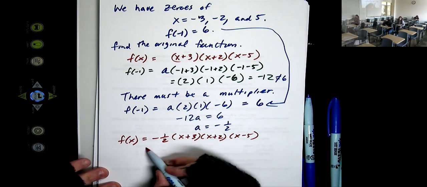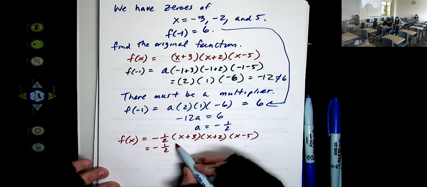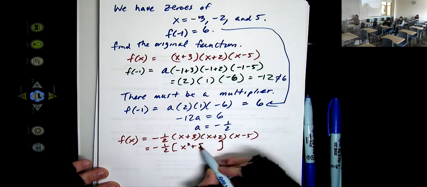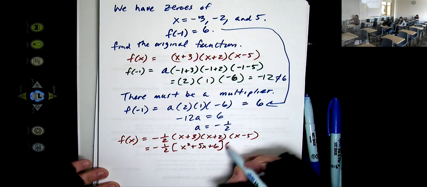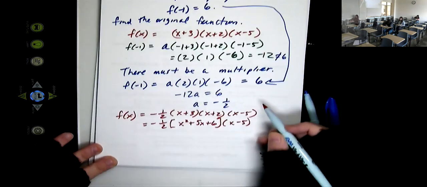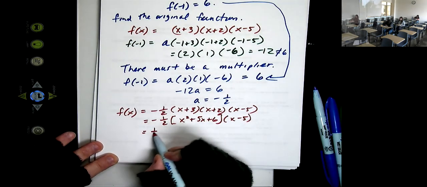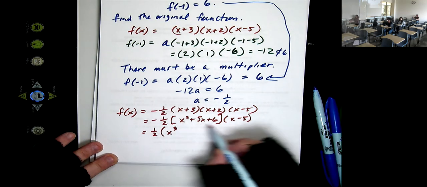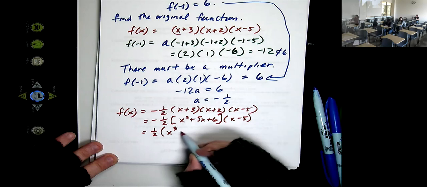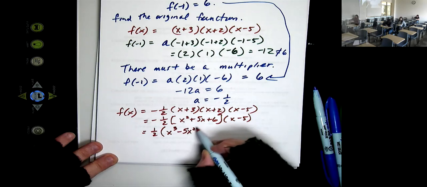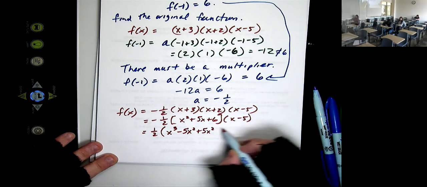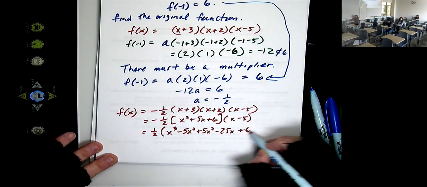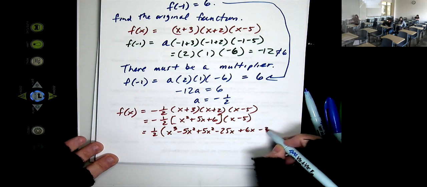And we can multiply it all out. We probably should. (x plus 3) times (x plus 2) is x squared plus 5x plus 6. The next one I can't do as fast, so I'm going to have to multiply them all out. I got x cubed minus 5x squared plus 5x squared minus 25x plus 6x minus 30.